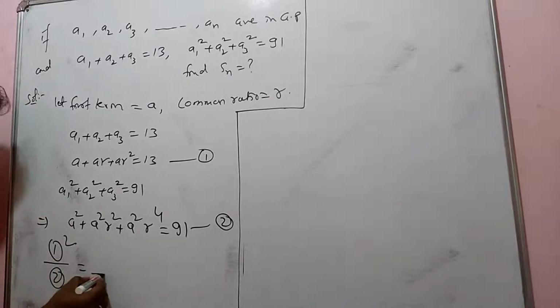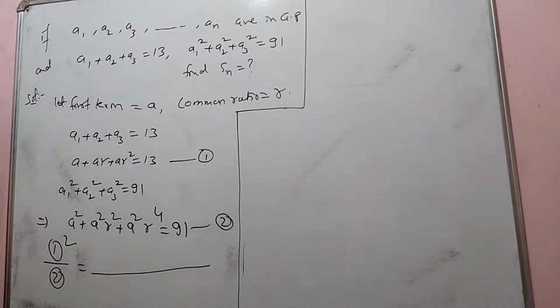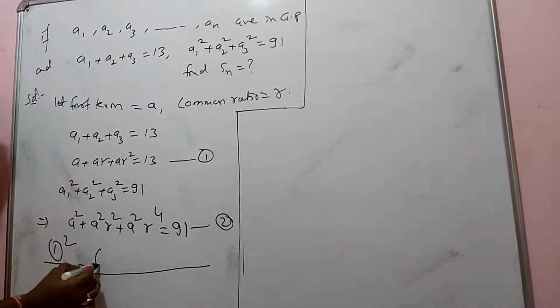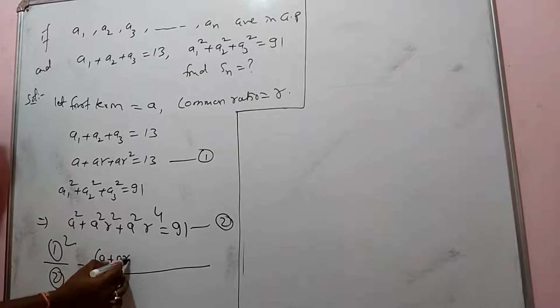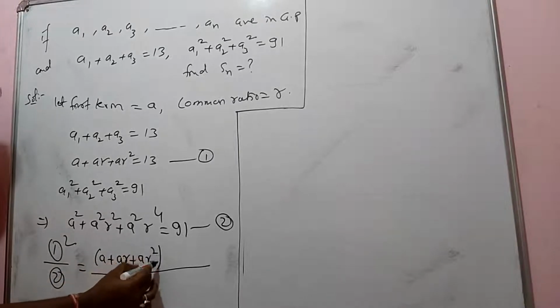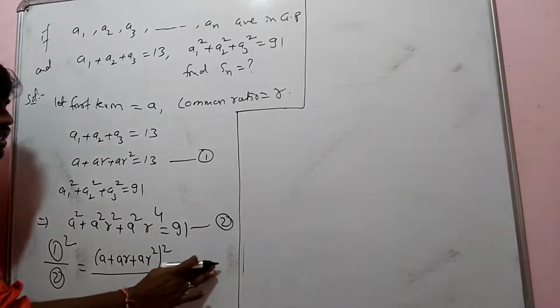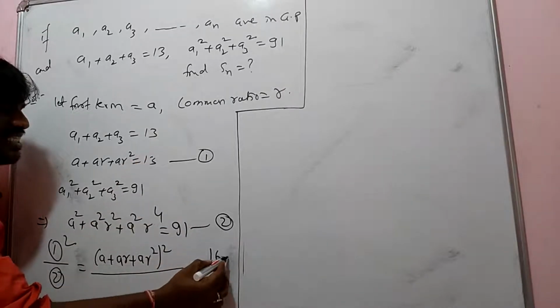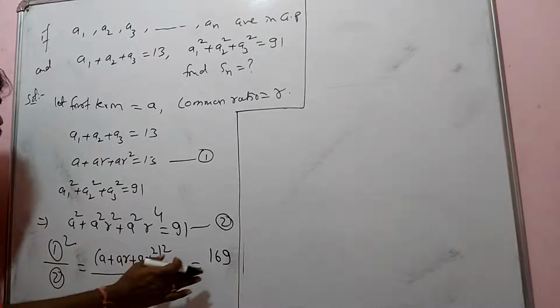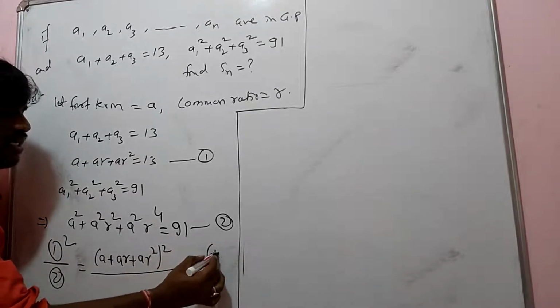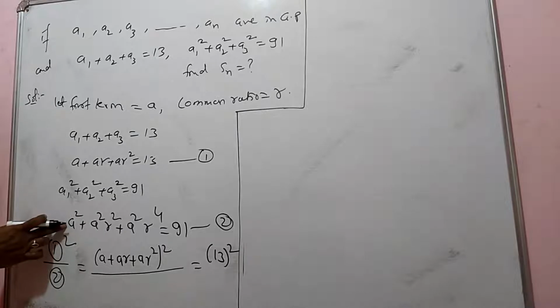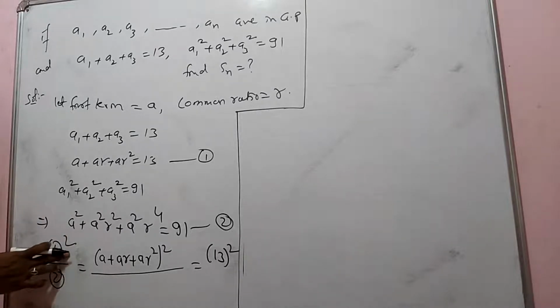So when I square the first equation, I am going to get A plus AR plus AR square, whole square, and on this side 13 square, that is 169. I am squaring on both sides. And the second equation I need not square.